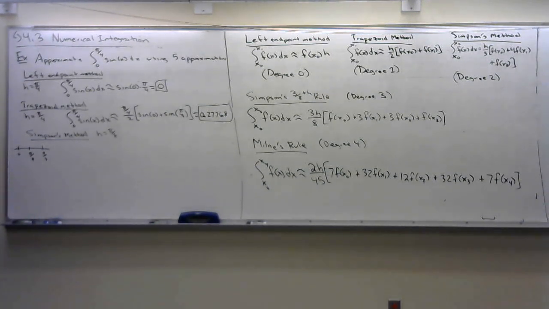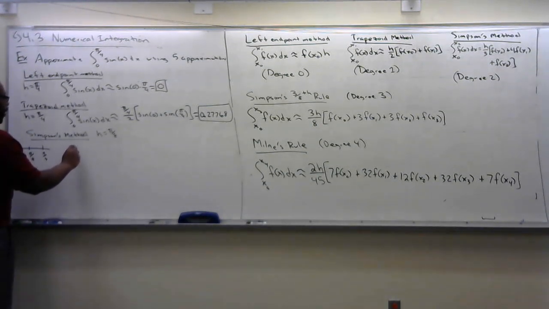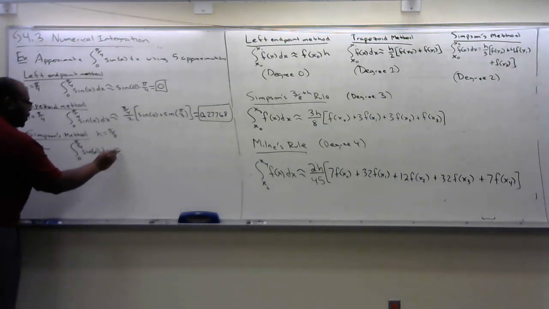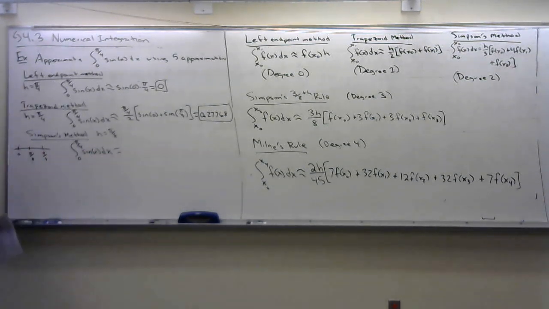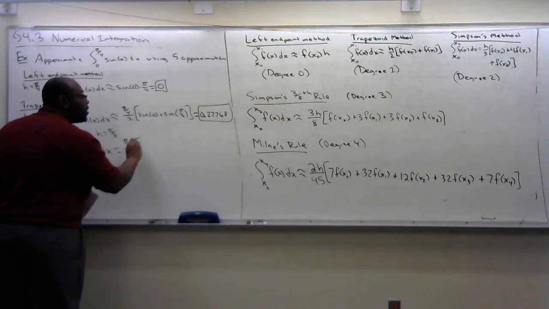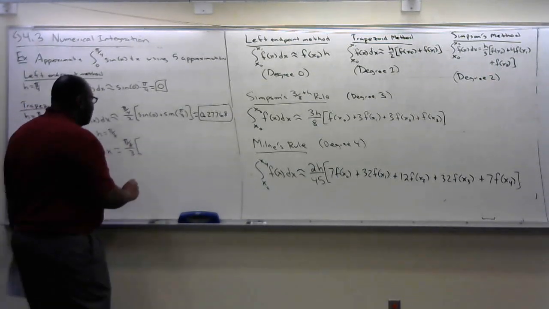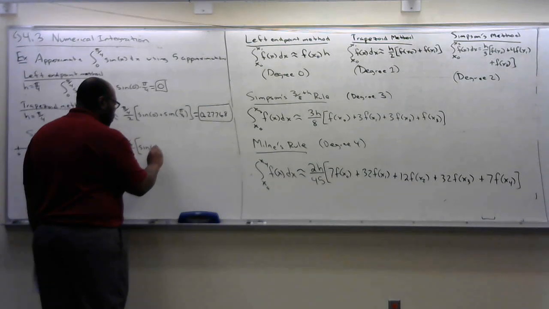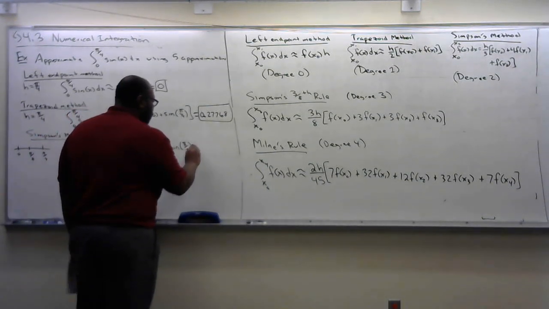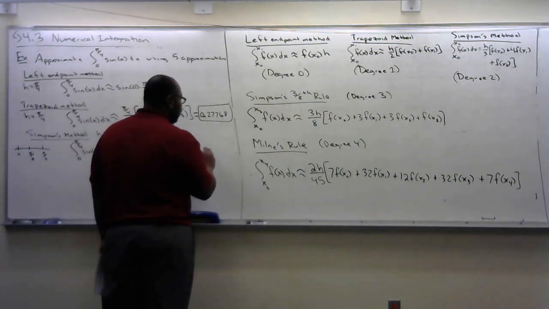So when I do that, my h is equal to pi over 8, so I get the integral from 0 to pi over 4 of sine of x dx is equal to, looking at our formula, pi over 8 divided by 3 times sine of 0 plus 4 sine of pi over 8 plus sine of pi over 4.